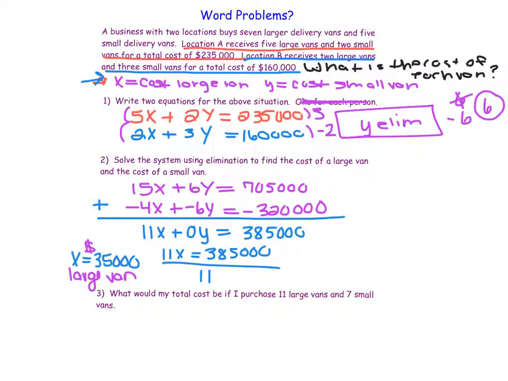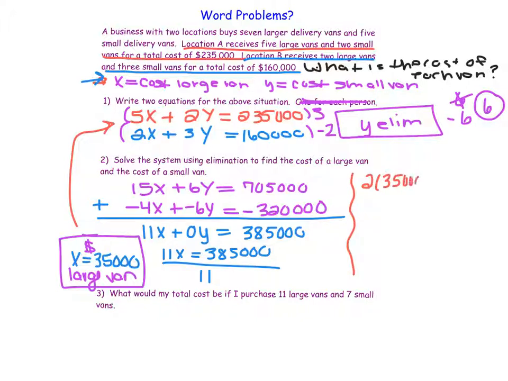So I've now found one piece of the puzzle. I know that a large van costs $35,000. Now I'm going to take this value and substitute it back into one of these two equations. It doesn't matter which one we pick, so I'm just going to pick the smaller one because it has some smaller numbers. So I have 2 times the cost of a large van, which is $35,000, plus 3y is equal to 160,000.